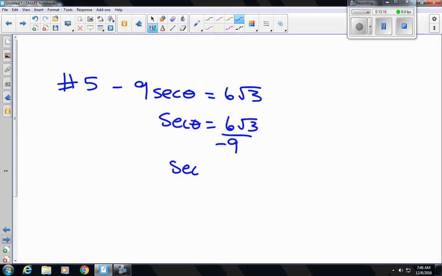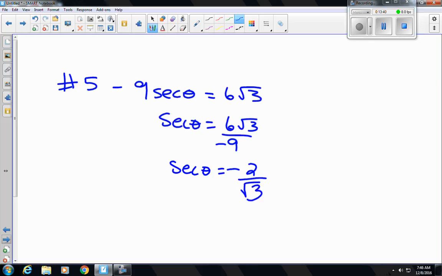Okay, so this is secant of theta is equal to negative root 3 over 2. Is that right? There you go. Negative 2 over root 3. That's how you reduce that.